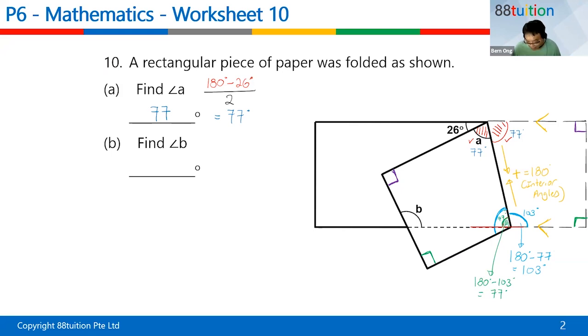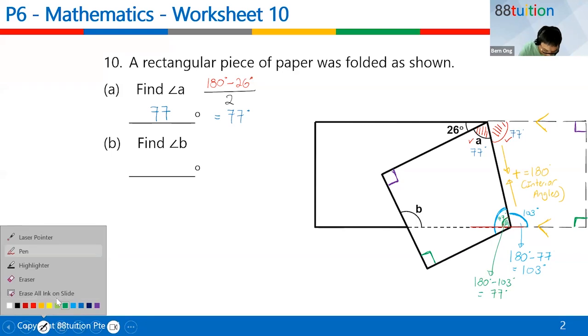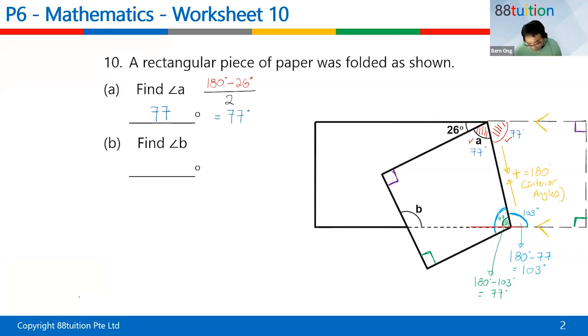Okay? Can you see something already, children? I told you something like this before. I told you that any four-sided shape must add up to 360 degrees. I don't care. For example, this is also a four-sided shape.